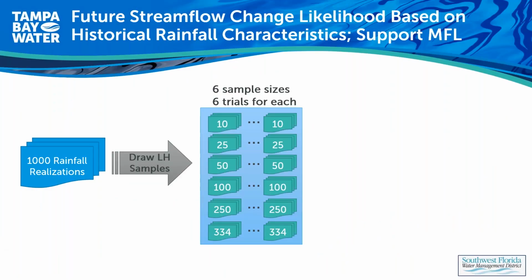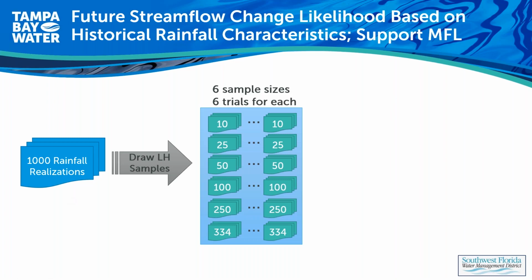Likewise, for streamflow changes, we may want to consider what the streamflow would look like if the historical rainfall patterns continue in the future. We can develop a number of rainfall realizations. In this case, we developed 1,000 rainfall realizations based on historical rainfall characteristics, all of the major characteristics.